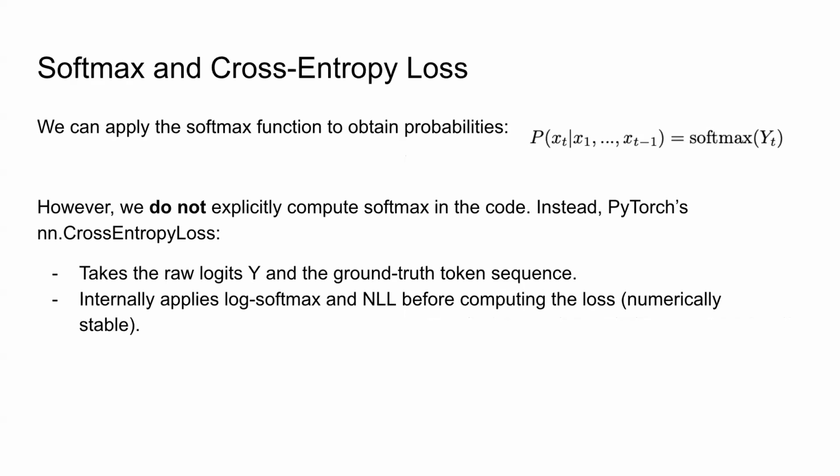Lastly, we're going to talk about softmax and cross entropy loss. We also need a loss to train the transformers. In your code, you only have to use cross entropy loss in PyTorch. It combines the softmax with the cross entropy loss.